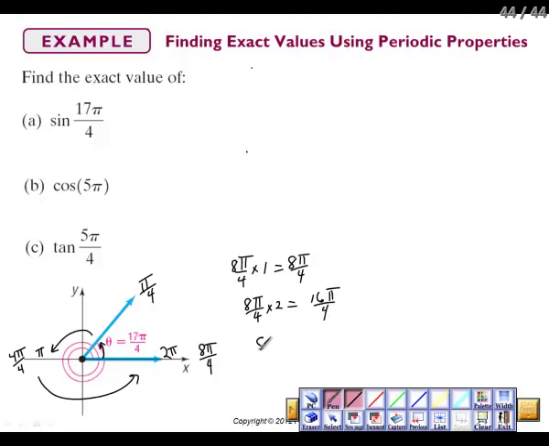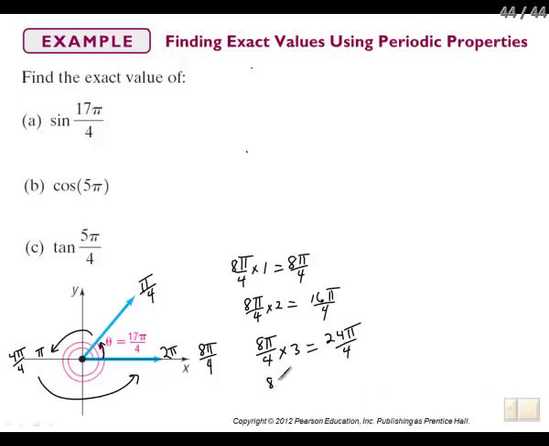And then 8 pi over 4 times 3 times around, that'd be 8 times 3, that's 24 pi over 4. And then we'll do one more, 8 pi over 4 times 4. 8 times 4 is 32 pi over 4.